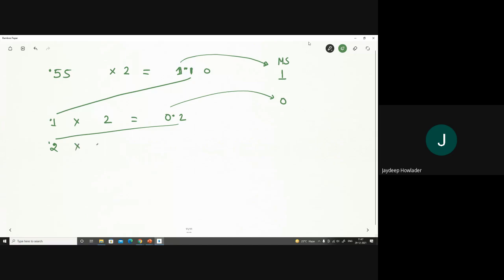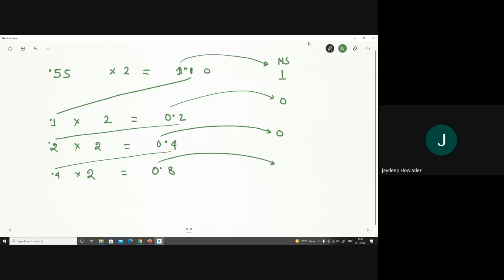0.2 and multiply it by 2. It comes to 0.4, so I take 0 here. Then I take 0.4 multiplied by 2. It will be 0.8, so 0 comes at this point. Again, I take 0.8 multiplied by 2, and we get 1.6.